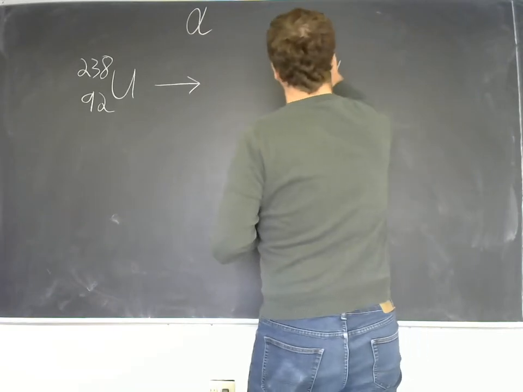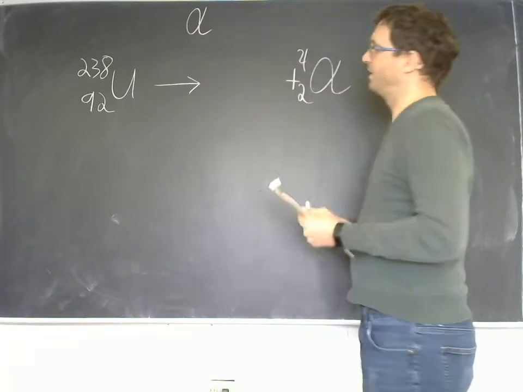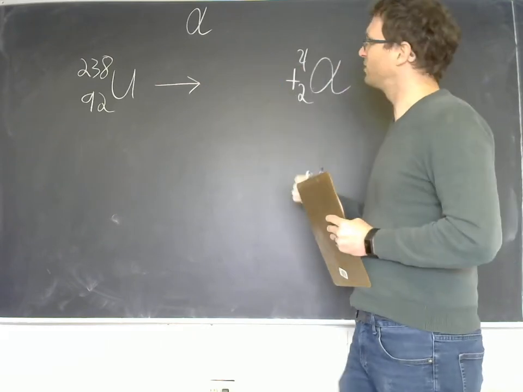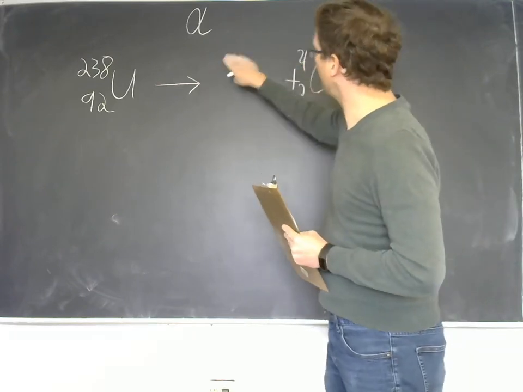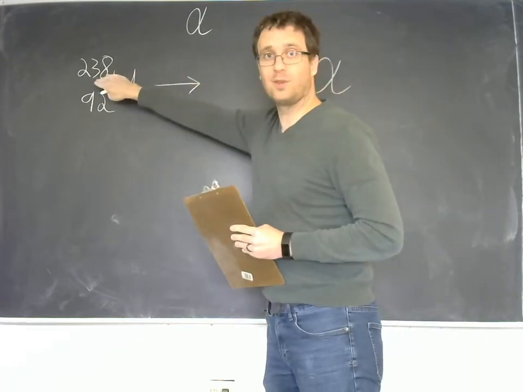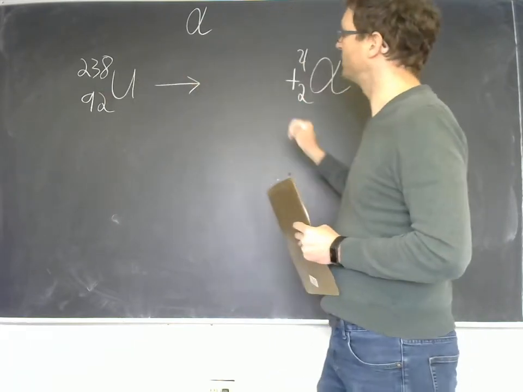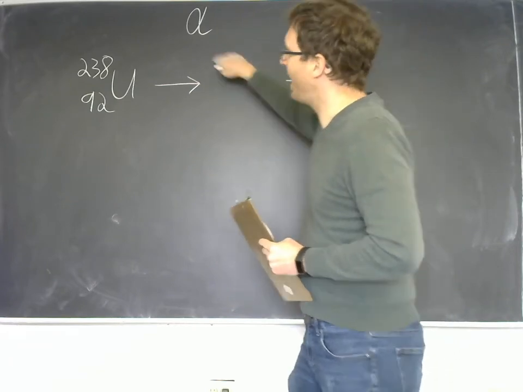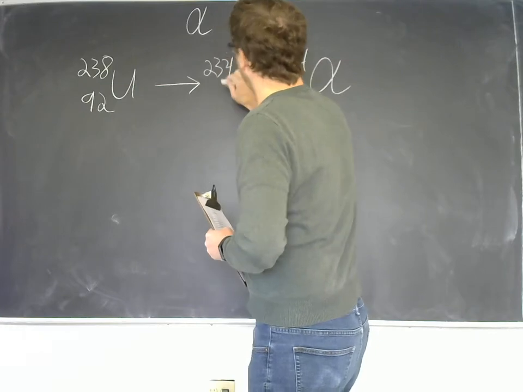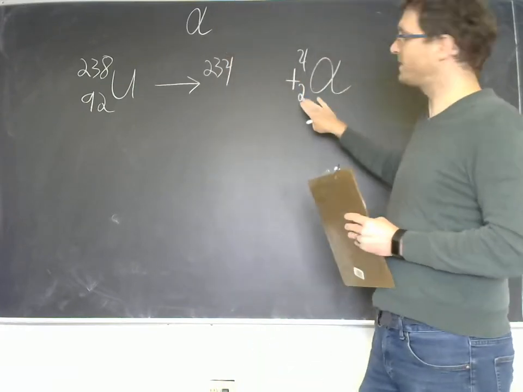The alpha particle has 4 and 2. So what is the daughter isotope? Well, I know that the sum of the masses on the product side are going to have to equal the mass on the reactant side. So 4 plus X is equal to 238. We'll call that 234.